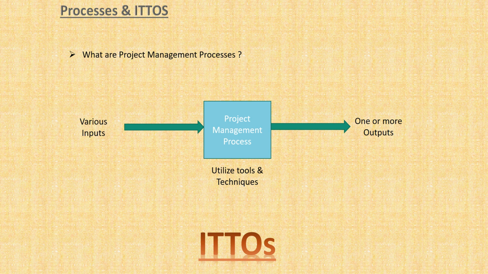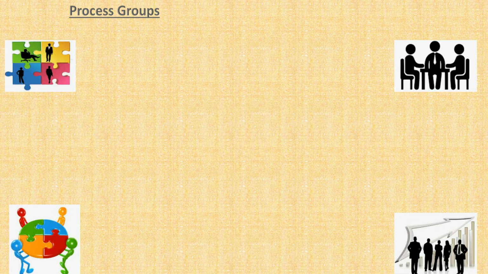Now we'll go and understand what process groups are. What are process groups in the PMI standard? Process groups are nothing but groups of the same kind of processes. Suppose some of the processes are related to initiating the project, like your develop project charter, right?